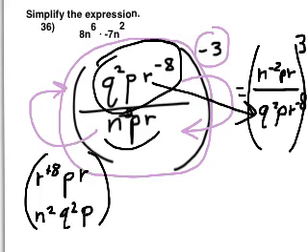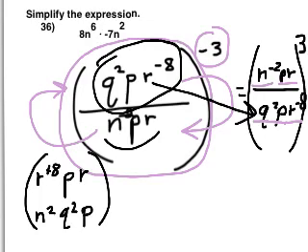Okay, so you just have to make sure you've got everything where it's supposed to be. We've got the Q to the second power on the bottom where it was because it's positive. The P on the bottom, it's positive. R to the -8th, move that to the top. Got this P and R on the top because they're positive. This n to the -2, I've switched it to the bottom, made it positive.